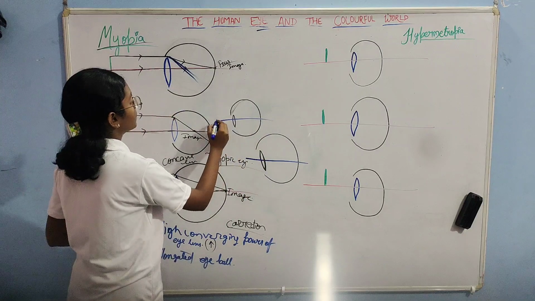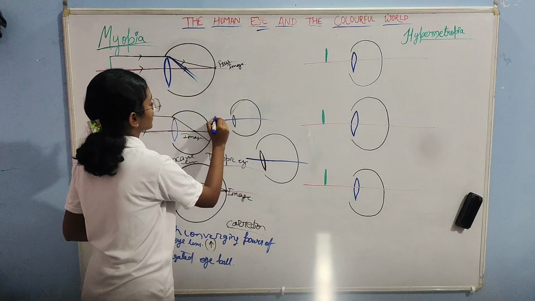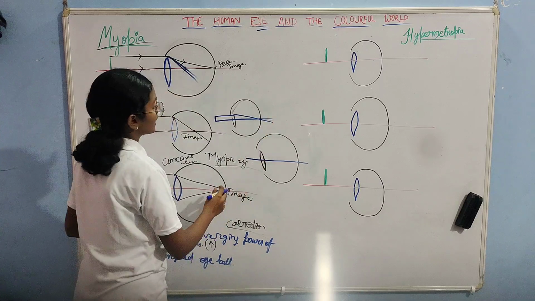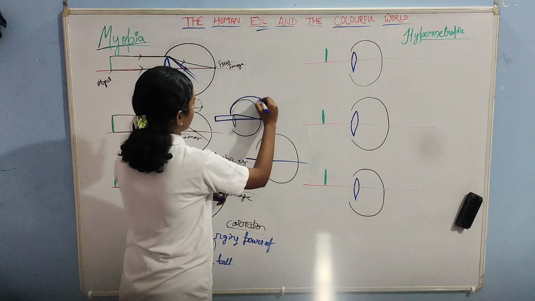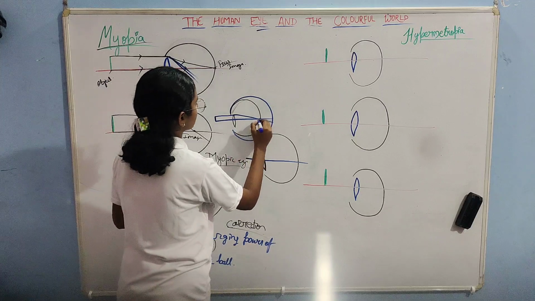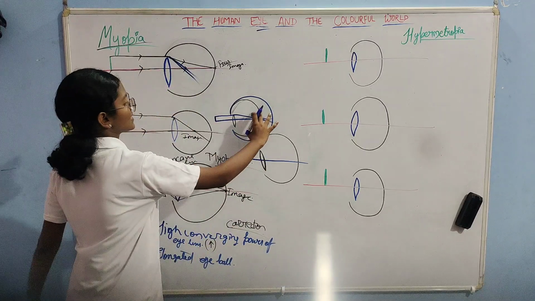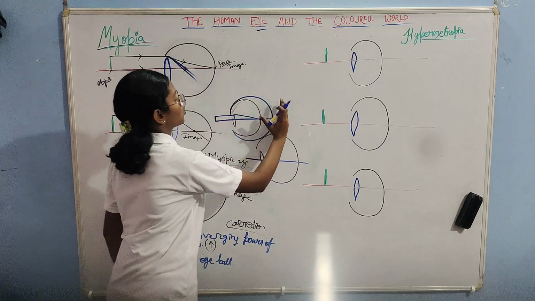In the first situation, the object is here, it will converge like this. The image is forming here. If it becomes elongated, the image is again forming here, but the size of the retina becomes too big.